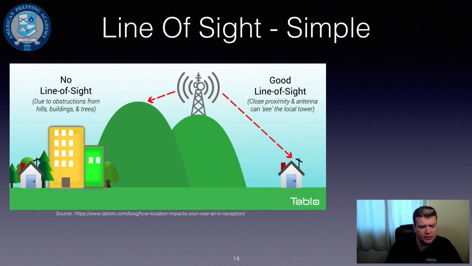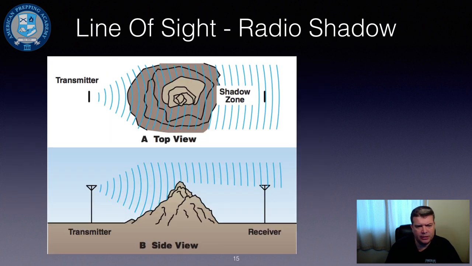And let me just show you this next slide here. It's called line of sight radio shadow, or dead zone. So if you have one transmitter here and another transmitter over here, and there's a big terrain feature in between the two, then the radio waves are going to be stopped by this terrain feature, and then behind it there's going to be the radio shadow where it's not going to be able to hit.